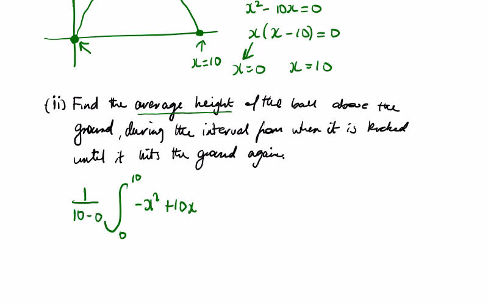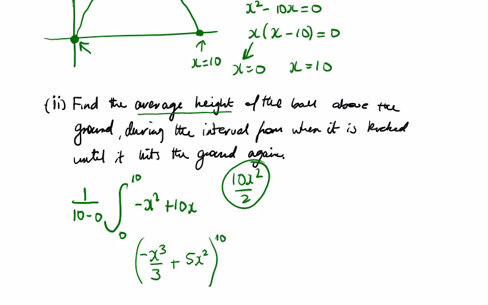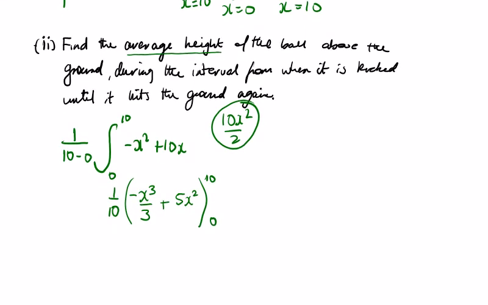So we're going to get minus x cubed divided by 3 plus 10x squared divided by 2, which is 5x squared, and that's going to be between 10 and 0, and we're going to get a tenth of it. So the 0 is going to give me a 0 value, so it's just a tenth of minus 1000, 10 cubed over 3, plus 5 by 100, 500.